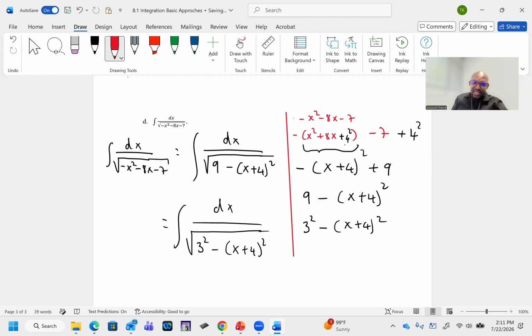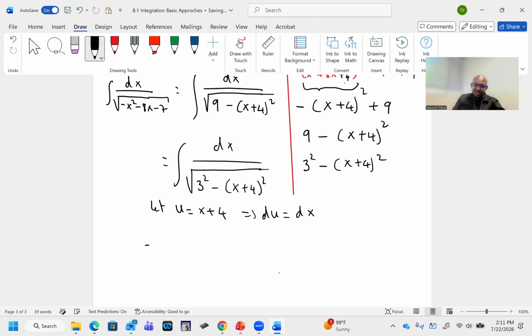So my u is x plus 4 and my a is 3. So this one will just give me, by doing substitution now, look, because I don't want to do it without substitution. So you can see, I can say let u be equal to x plus 4. So which means my du will be dx, right?